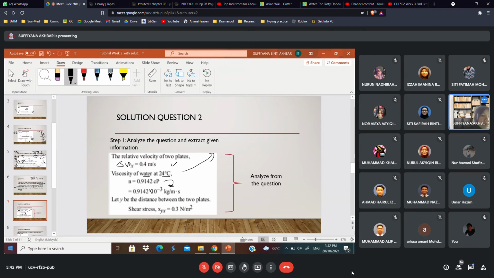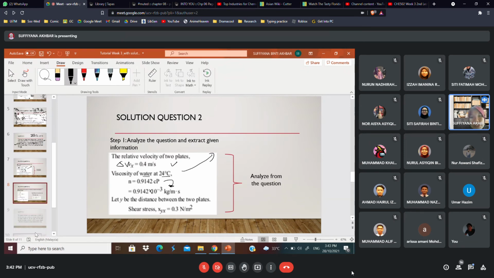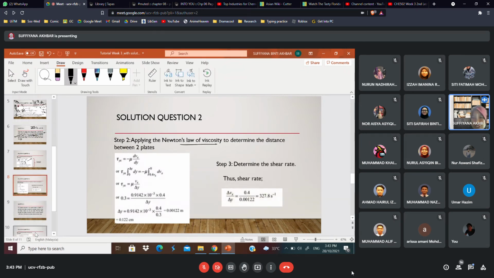Similarly, we use Newton's law of viscosity to determine the distance between the two plates. Simplified, it becomes tau yx equals mu delta vx over delta y.